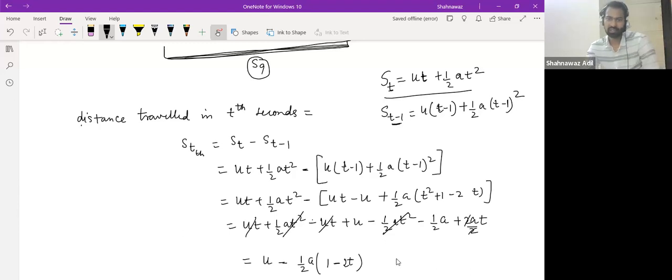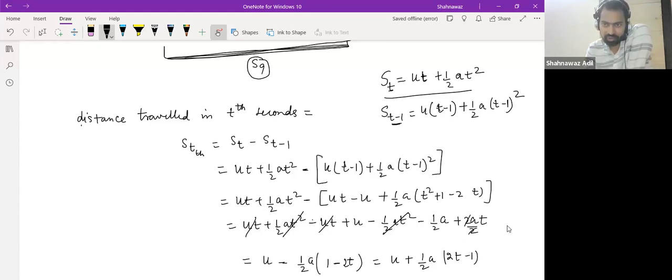So if I write it correctly, this would be u plus half a and (2t minus 1). So this would be the distance traveled in the nth second.